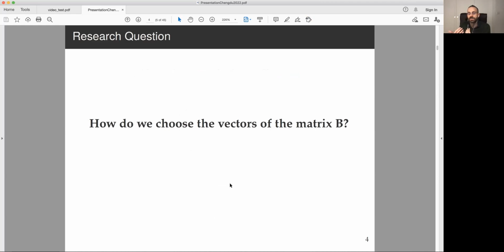Now, the question is, how do we choose the vectors of the matrix B? Because this generalization, this mathematical abstraction, needs to be translated into an algorithm that functions and yields results. So what do we do in order to choose B?